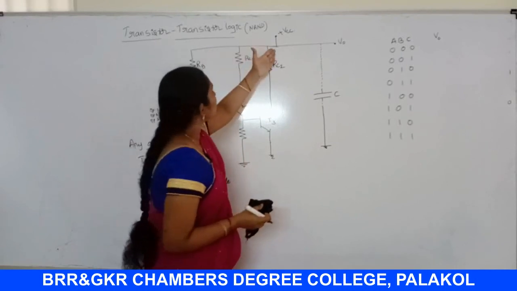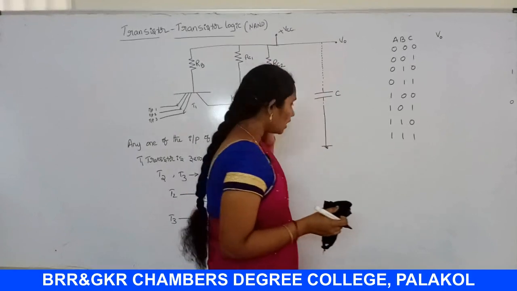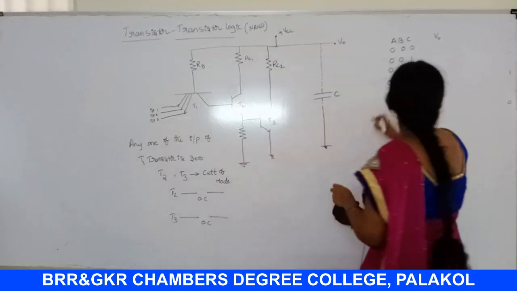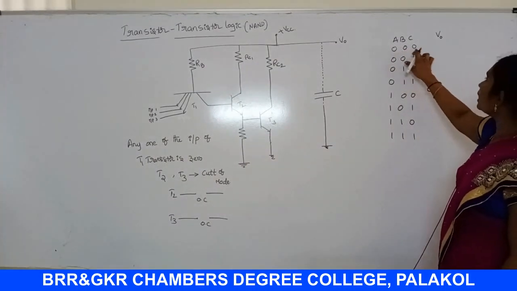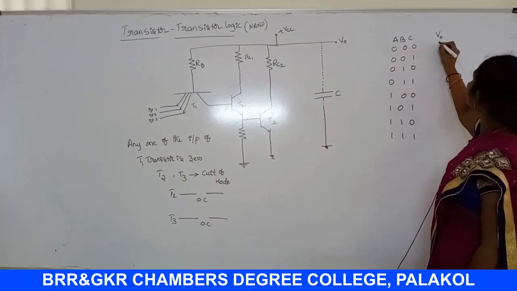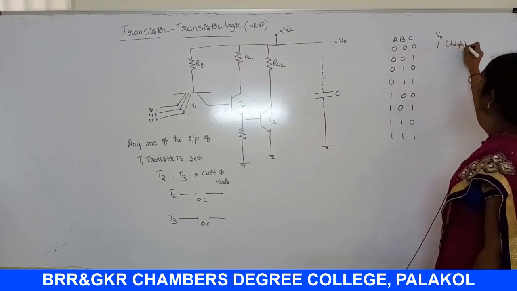Whatever the supply voltage is, that supply voltage appears at V0. Therefore whenever you apply all zeros, the output is 1, that is, the output is high.